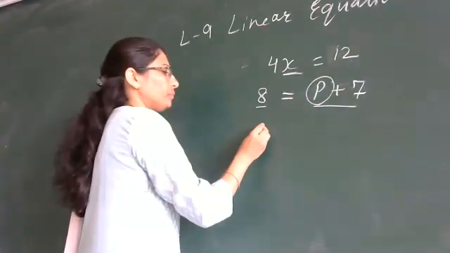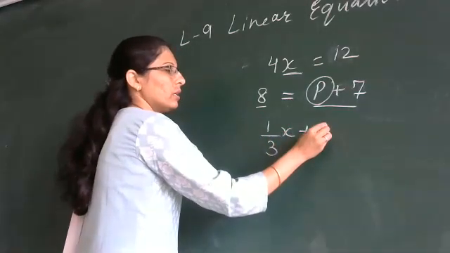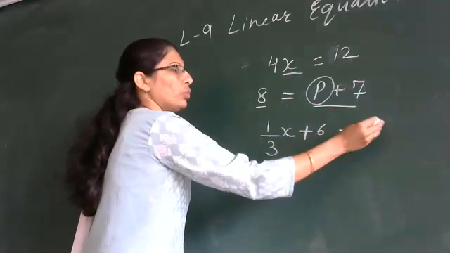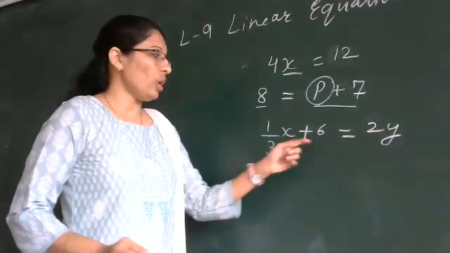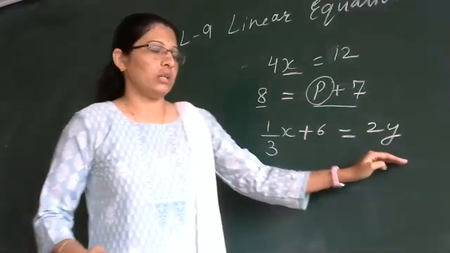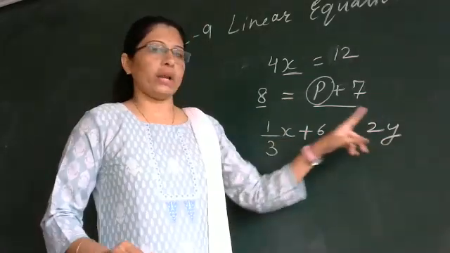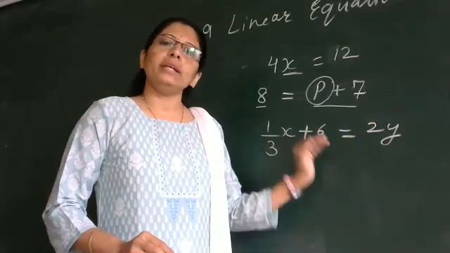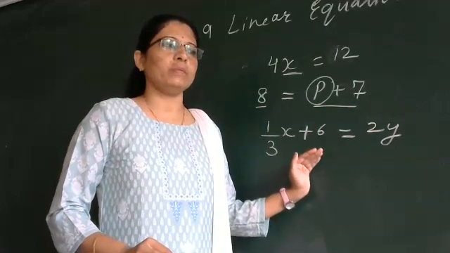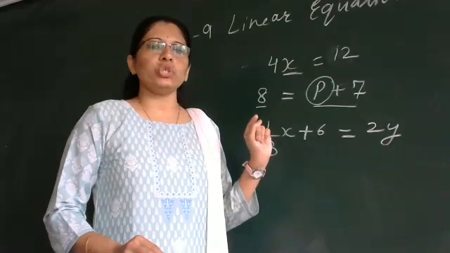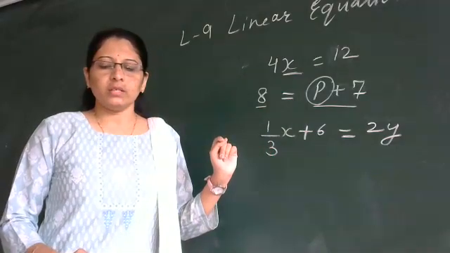For example, 1 by 3x plus 6 is equal to 2y. Here also we have LHS and RHS, and degree 1. So these also are linear equations. So what do you mean by linear equation? Understood the meaning of linear equation?